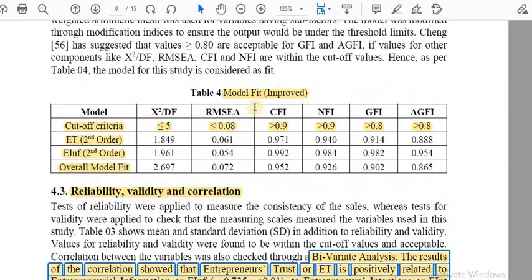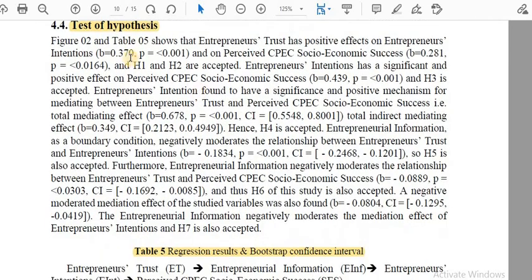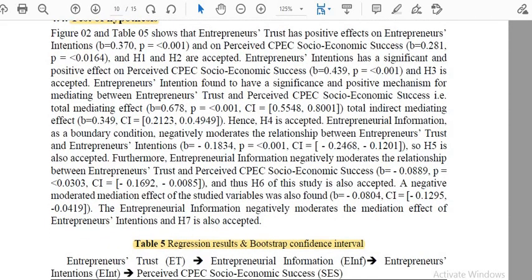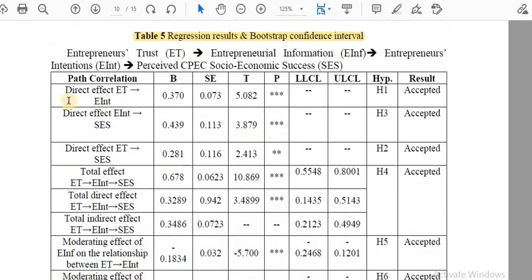This model fitness test I performed in MOS software, and this correlation test I performed in SPSS. And then there is hypothesis testing, and I tested the hypotheses by using the PROCESS macro in SPSS. These are the direct effects and these are the indirect effects.